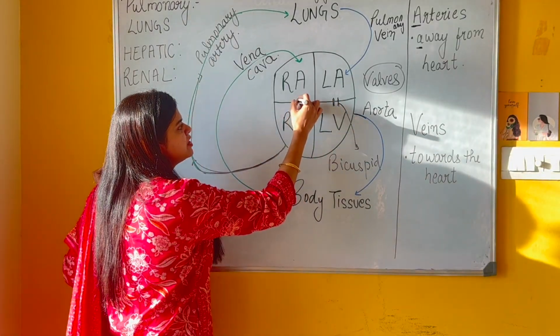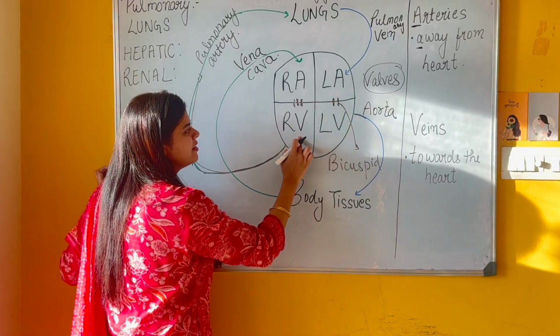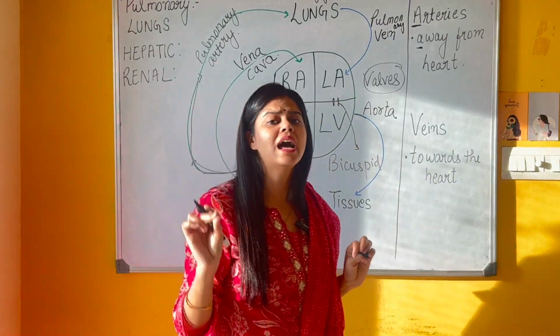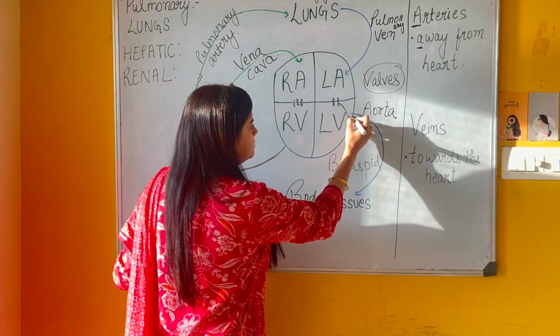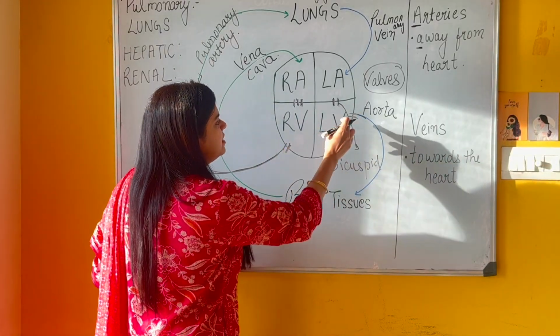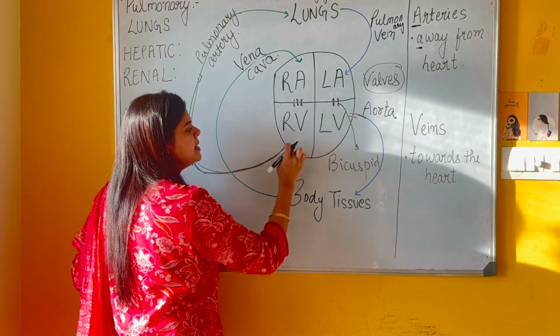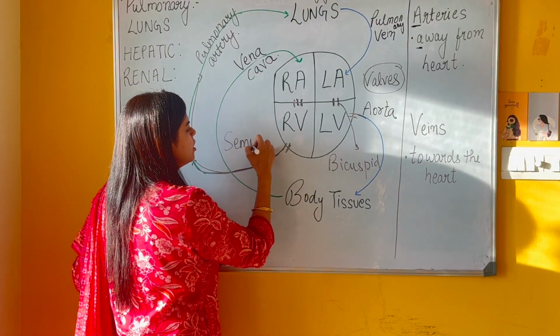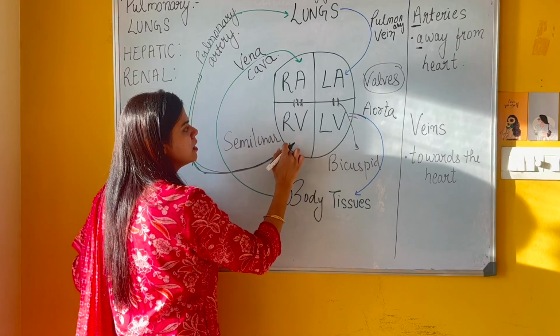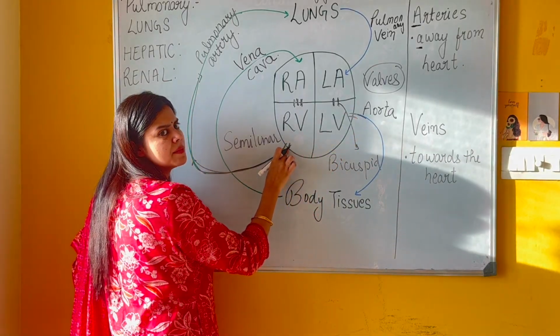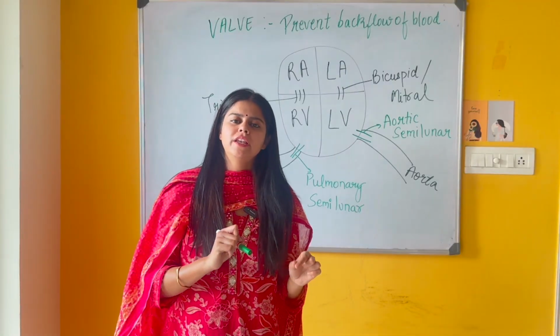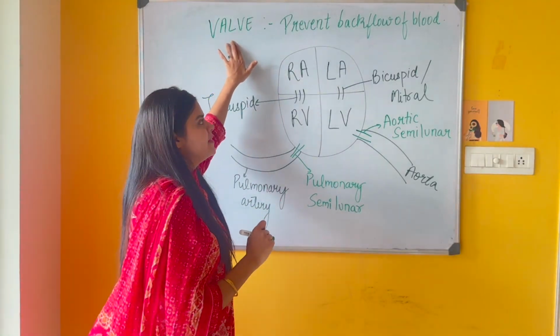The valve which is present between the right auricle and right ventricle is called the tricuspid valve. And these valves are called semilunar valves. What are they called? Semilunar valves. Aortic semilunar, pulmonary semilunar.